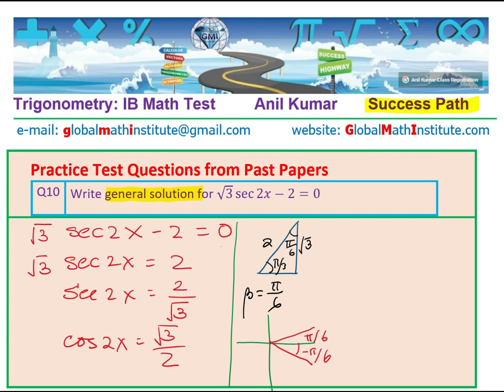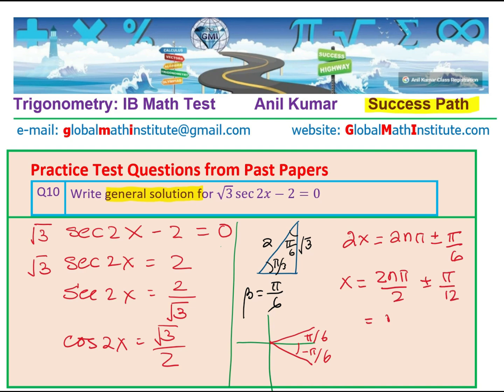So what should be the general solution? Clearly, the general solution will be that 2x is equal to, and the period is 2n pi, right? So 2n pi plus or minus pi by 6. Do you see that? So simple as that. Once you visualize, you understand the process. And now we can divide by 2 and get the value of x, which is 2n pi by 2 plus or minus pi by 12.